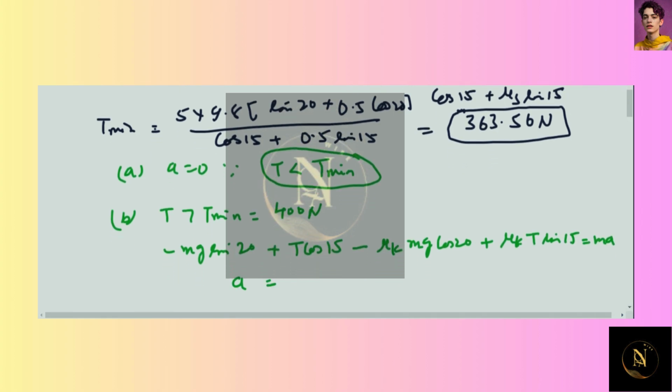So the acceleration you will get is minus g sin 20 plus mu k cos 20 plus T cos 15 plus mu k sin 15 upon m.